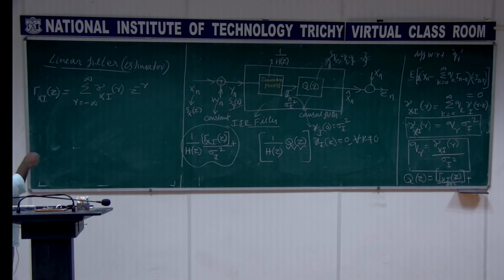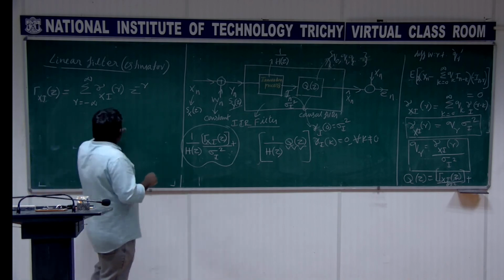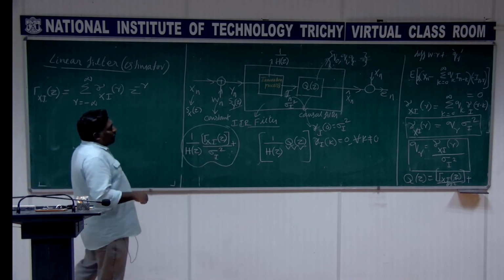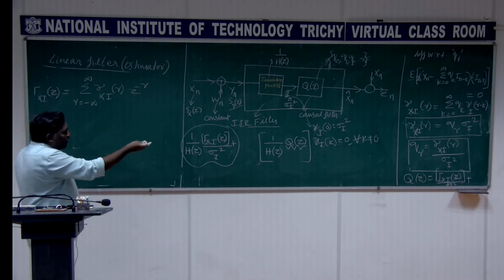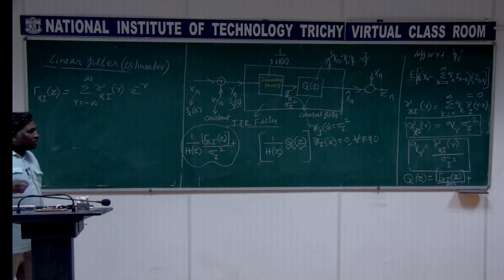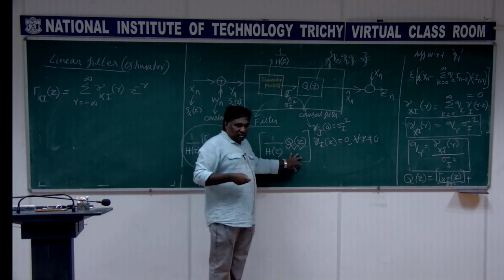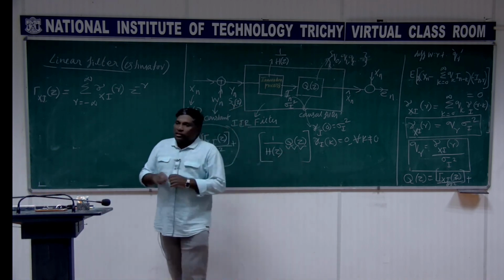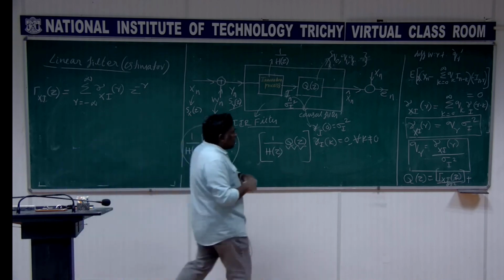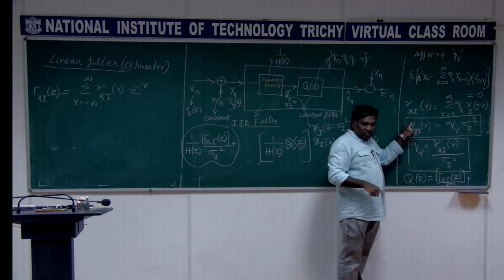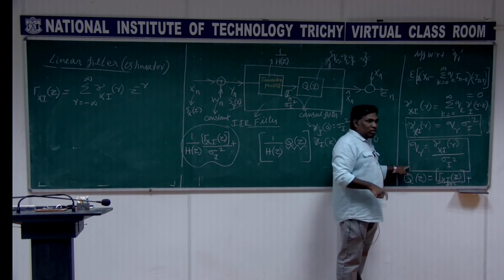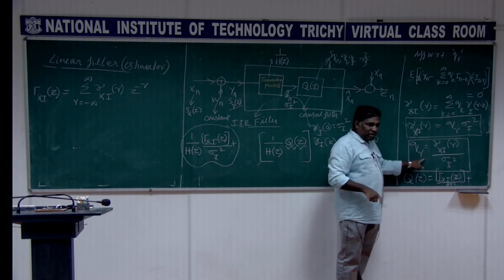I want to write this one in terms of Q. This is fine here, but we know gamma xi of r can be written simply as this QR, taking that value for the positive, 0, 1, 2, 3 and so on. That is what I have written as Q of z, if I am taking the z transformation on both sides by taking r equal to minus infinity to plus infinity. What I am trying to say here is sigma r equal to minus infinity to plus infinity qr z power minus r.